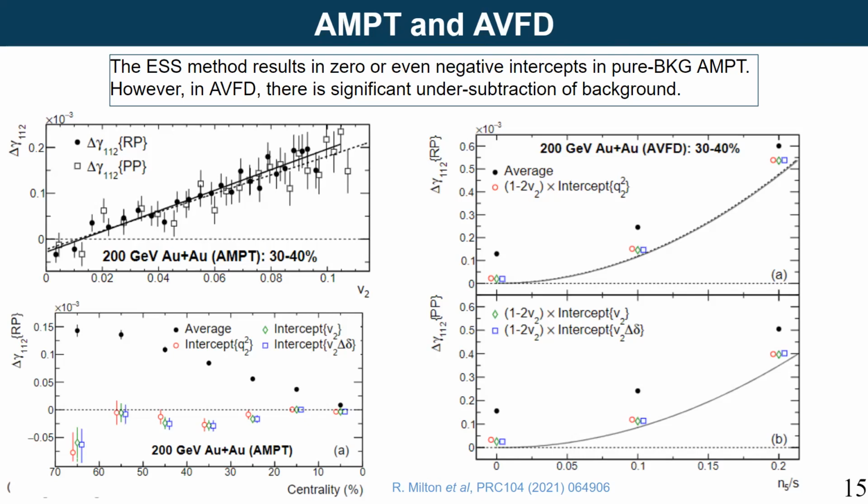But it's a little disappointing because we do not remove all the background with this method. Also, when you have a signal, you can remove a large chunk of the background, but this curve represents the true signal, and the final observable are still above the true signal. So meaning our simple event shape selection still has residual background. We still need to improve this method.